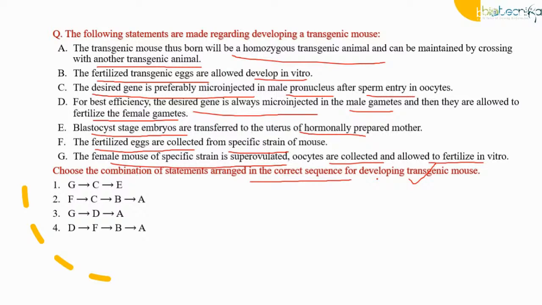If you are aware of the transgenic mouse methodology, then you will be able to get to an answer for this question. This is one of the recent questions, recent meaning maybe a year or two back. So how to develop a transgenic mouse?